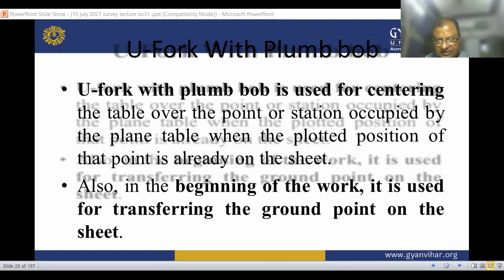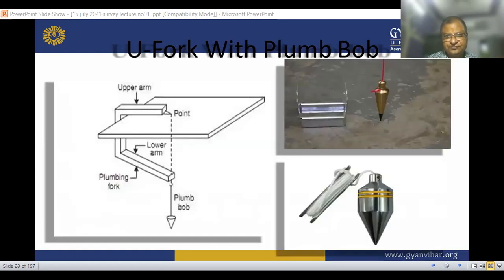Also, in the beginning of the work, it is used for transferring the ground point onto the sheet. This is the U fork and it is used like this.